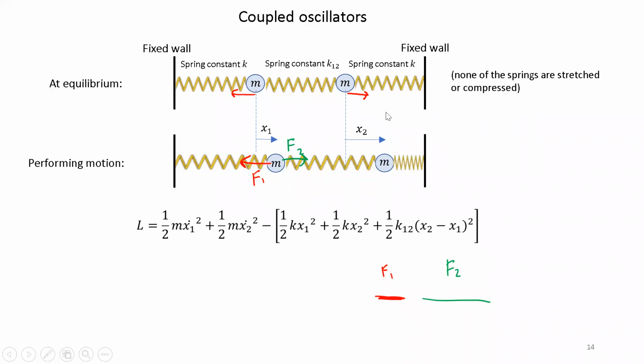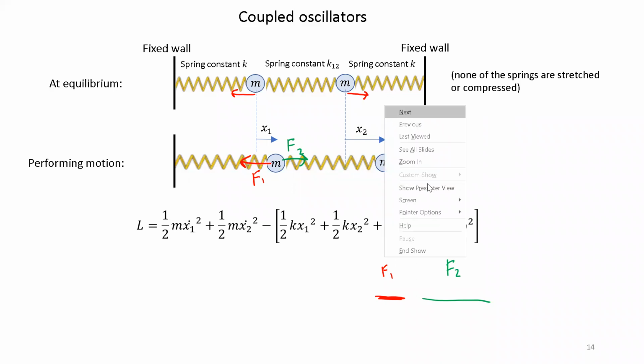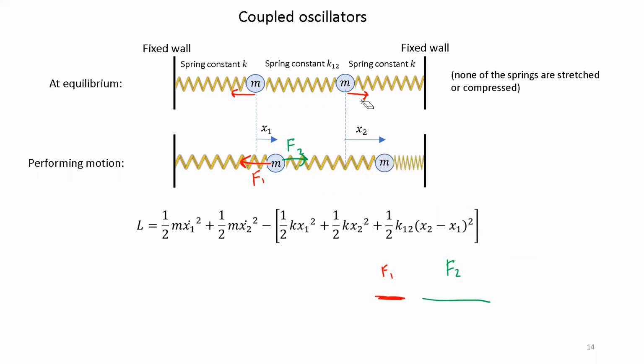Of course, the more complicated question is, what about, for example, moving one of the masses to the left by some amount while I keep the other mass fixed, and then I release my hand? Then what happens? That will be one example where both modes appear.